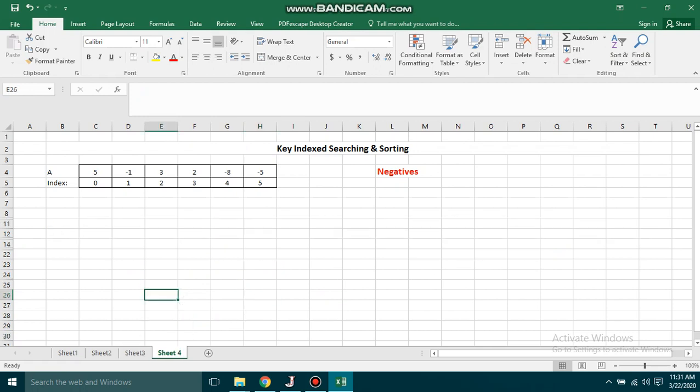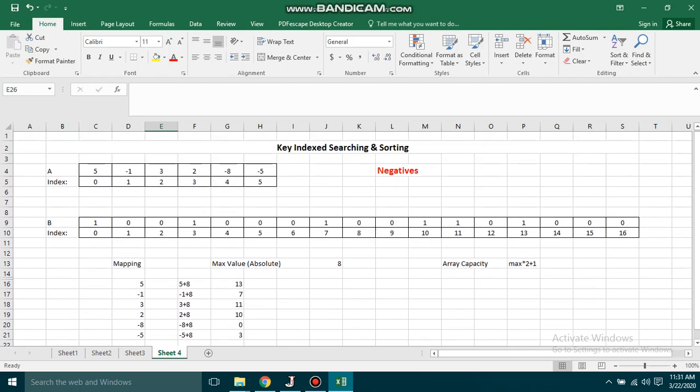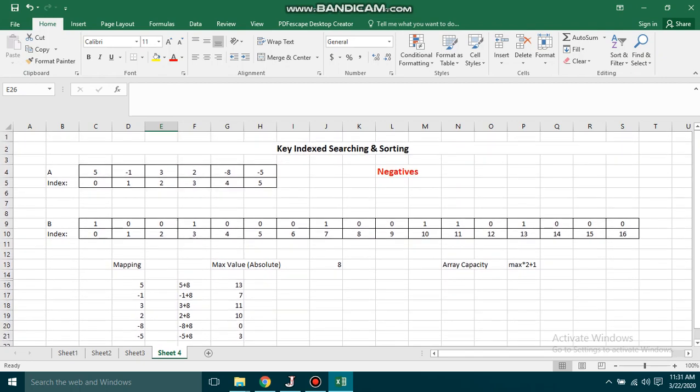Here I have another example with the same process, where I have the value minus 8 to show exactly how this technique works. If you look at this, the maximum is minus 8, in absolute terms 8, and we do a similar mapping. So minus 8 plus 8, 0, will represent the value minus 8. Okay, that's all about the key index searching and sorting technique.